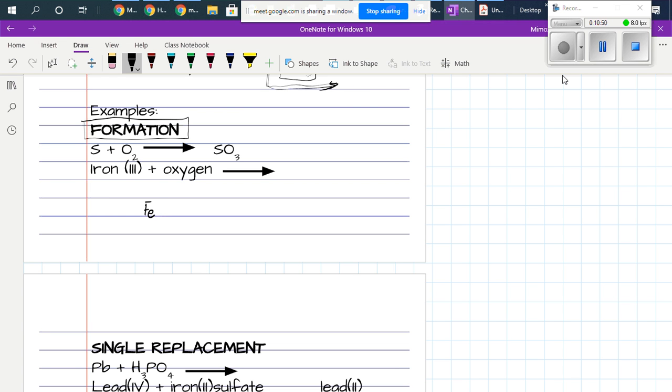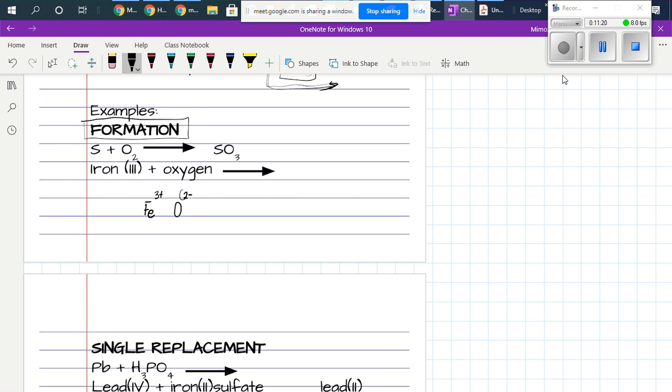In this case, we are dealing with valence +3 of iron, and oxygen, being in group 16 of the periodic table, has 6 electrons in the outer shell, which means that it's willing to take 2 more electrons.